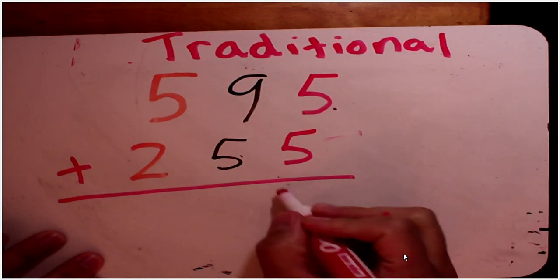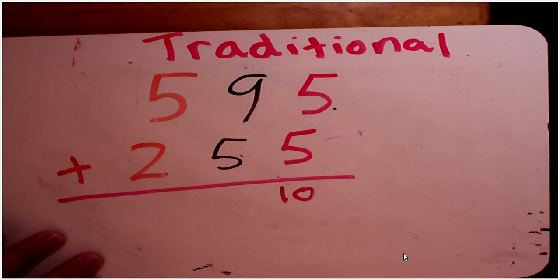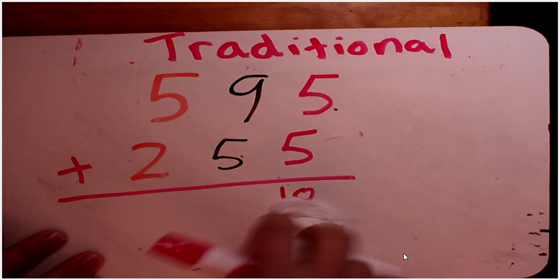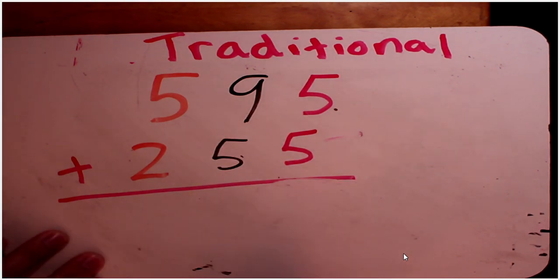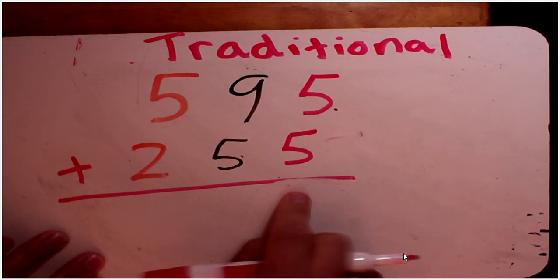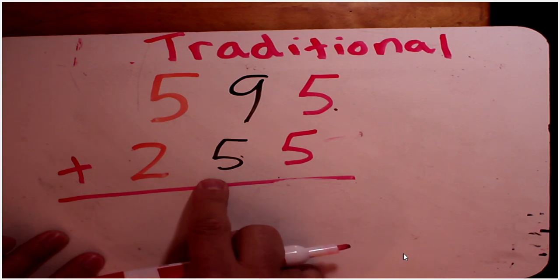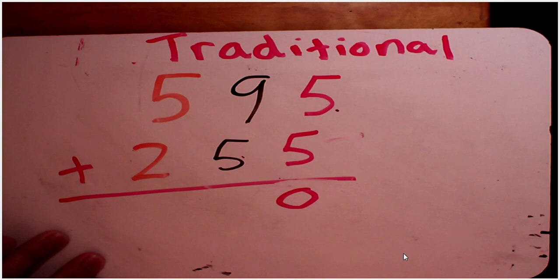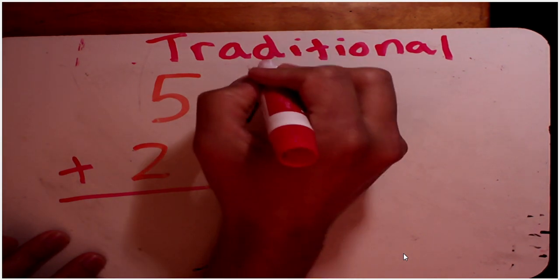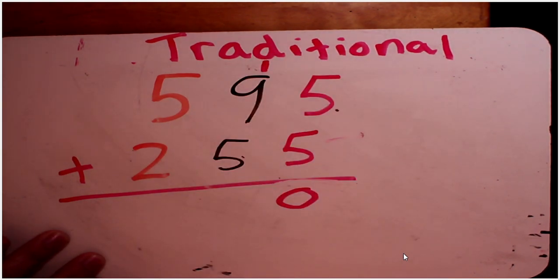Well, you know you cannot write a 10 in that place value spot. Our base 10 system only allows us to have up to 9 before we have to go into the next place value column. So we have to write our 0 here, and we regroup our 1 because we have now a group of 10.